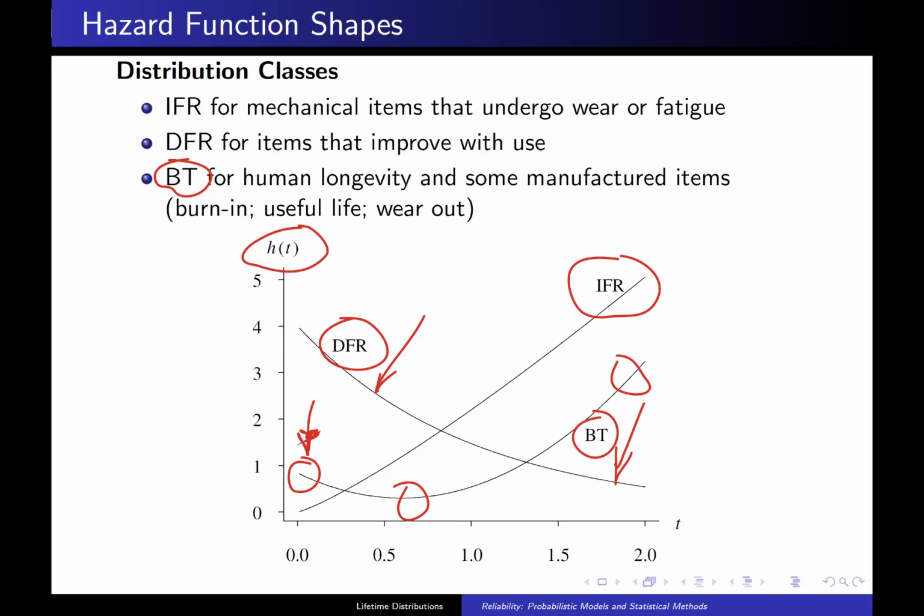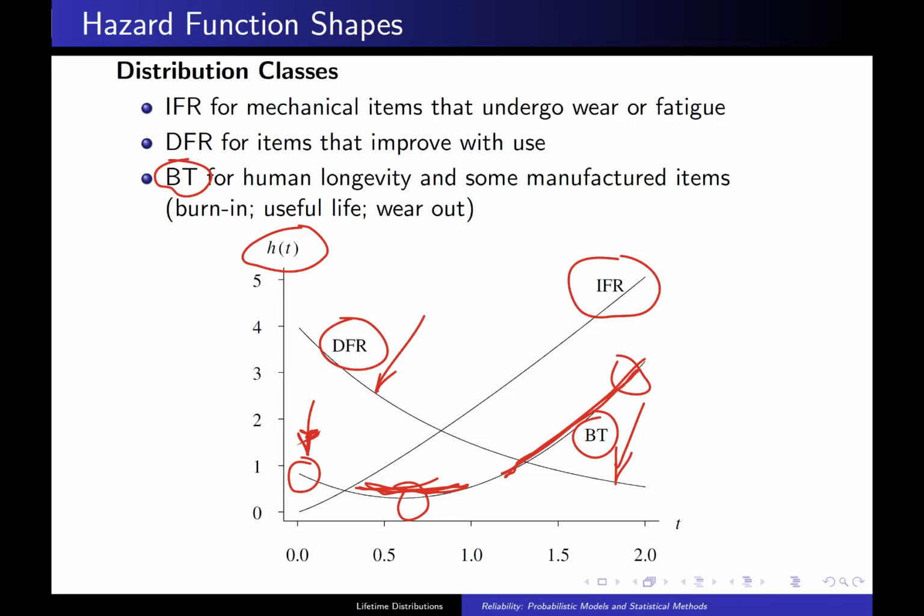Sometimes this is called burn-in. This could be from manufacturing defects. And then it goes into a period down here, sometimes referred to as its useful life. And then finally at the end, particularly if it has mechanical items in it, it will go through wear out, so the hazard function increases at the end.